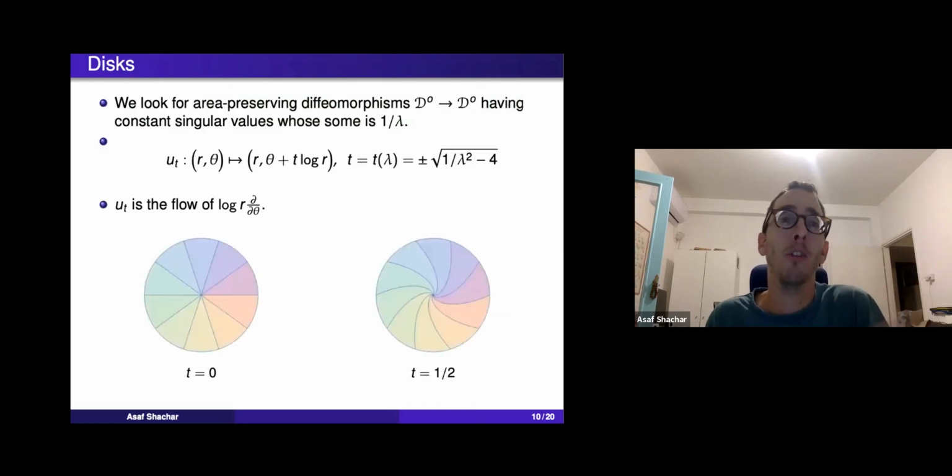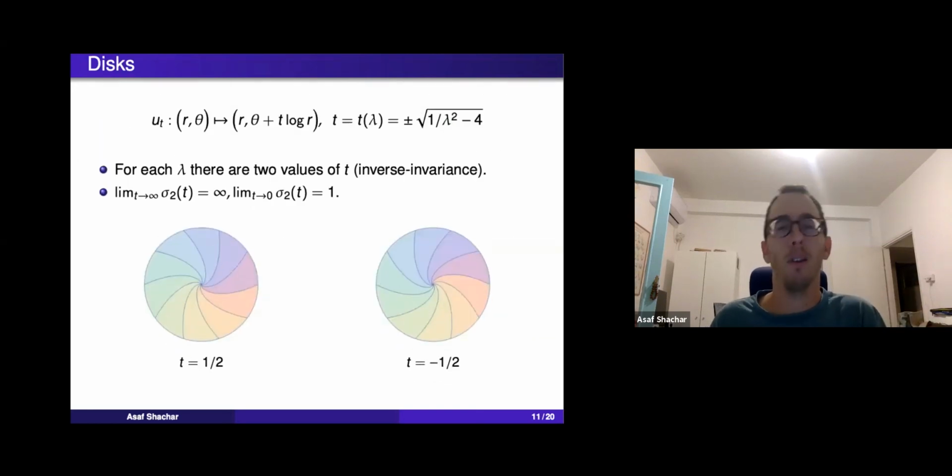So the problem is inverse invariant, and in this case, in this family, for each ratio of shrinkage, the family u_t gives us two choices of maps, u_t and u_{-t}. And again, here in this example, u_t is a flow, so of course u_{-t} is the inverse of u_t.